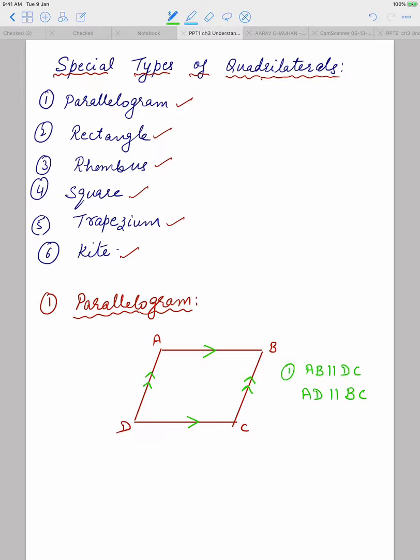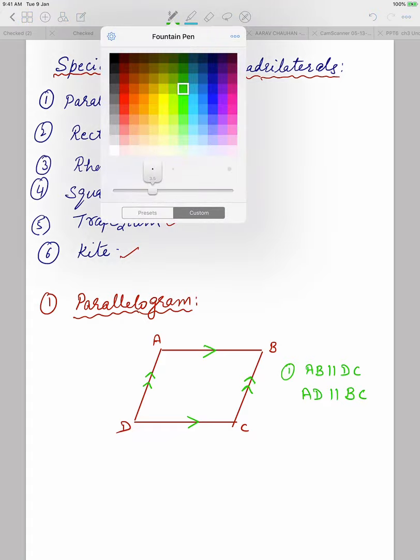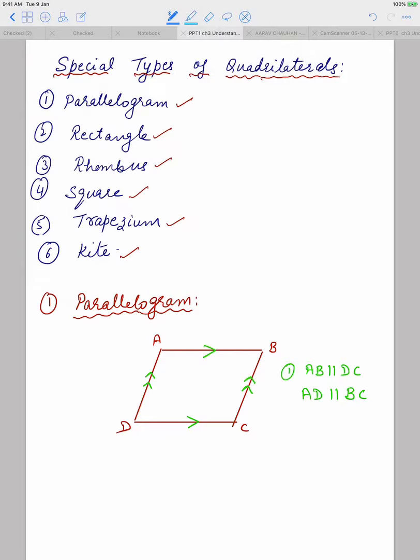Second is that opposite sides are equal. Now how will I mark equal sides here? I will mark it with a single stroke and a double stroke. So AB is equal to DC and AD is equal to BC. So what will I write? The opposite sides are equal.